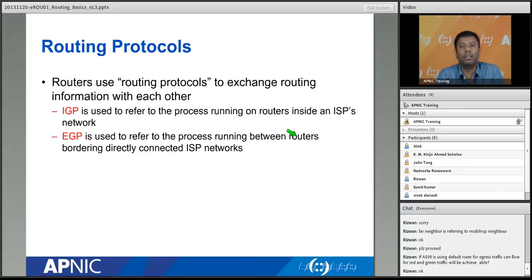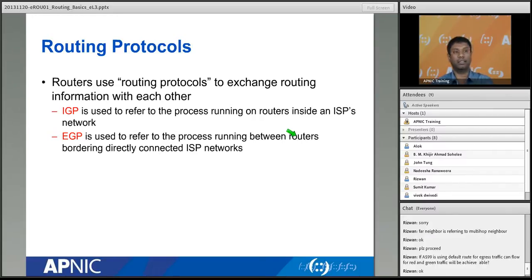Routing protocols. The routing protocols that we have are actually grouped into two classes: IGP, or Interior Gateway Protocol, and EGP, or Exterior Gateway Protocol. IGP is a class where all those routers belong to the same AS. Within the AS, when all the routers exchange routing information, we call it the IGP class.